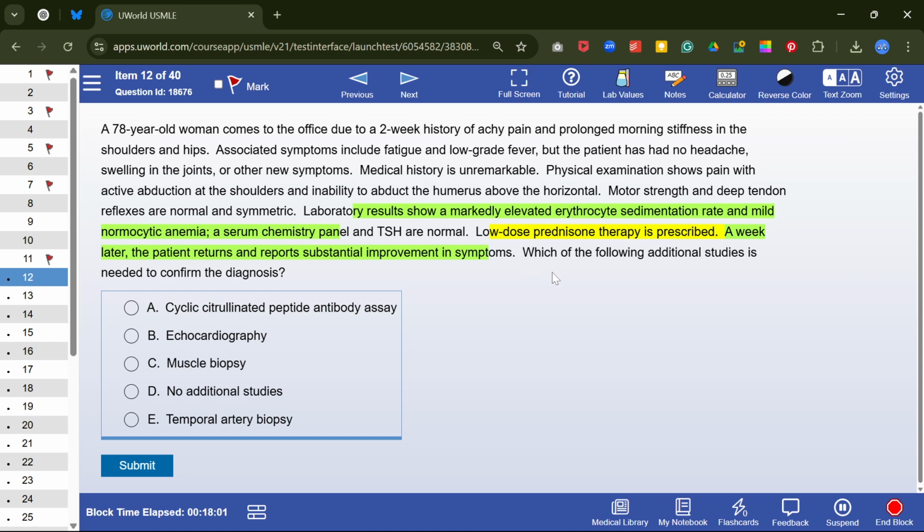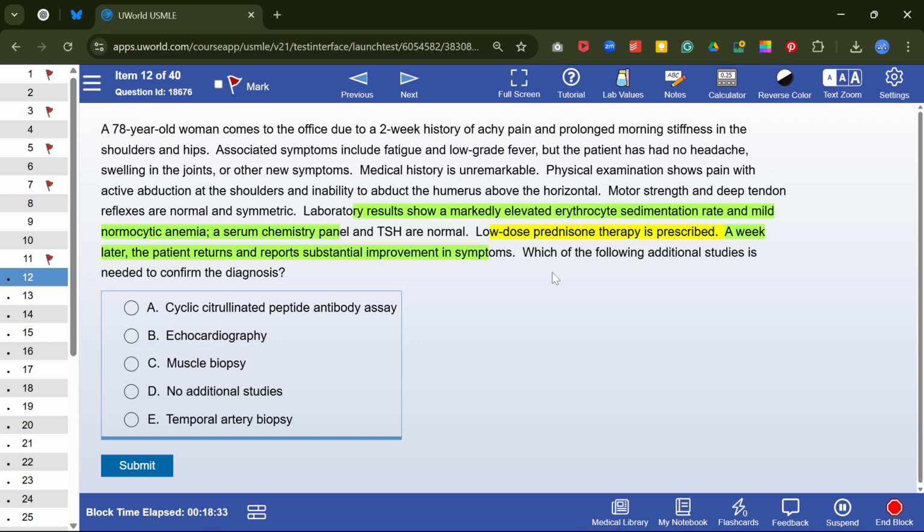Is it PMR? Polymyalgia usually does not always come with headache. Low dose prednisolone therapy improves symptoms.